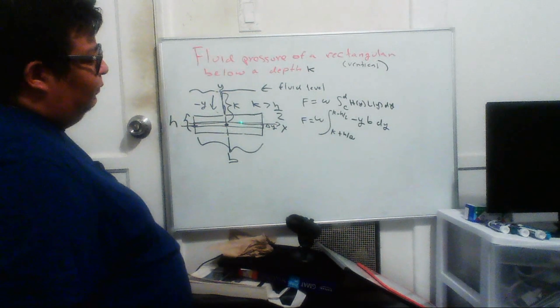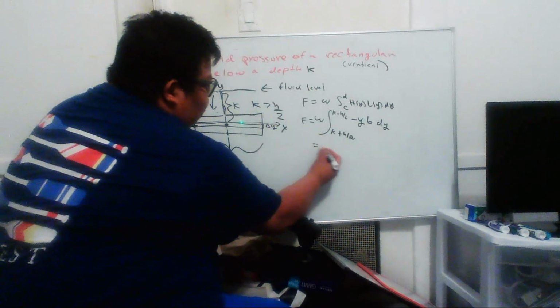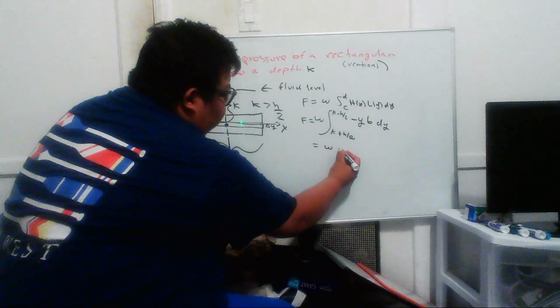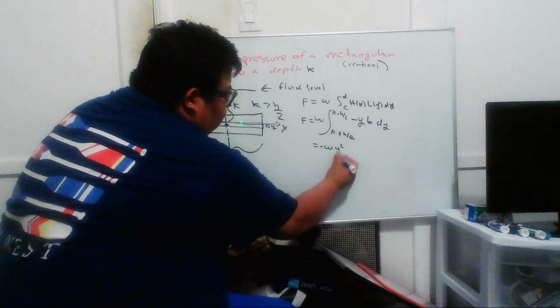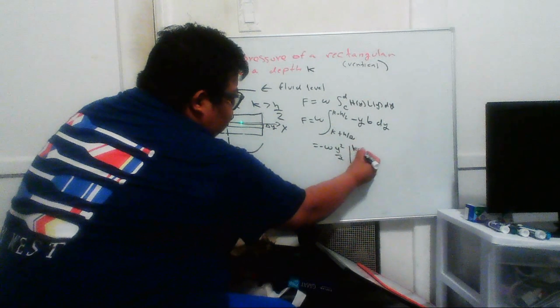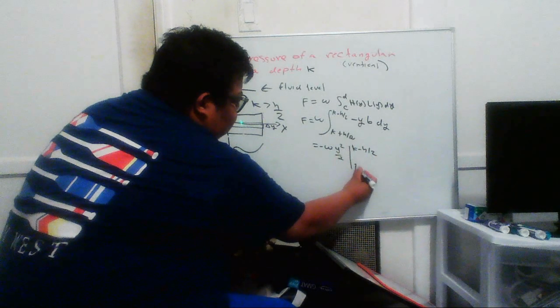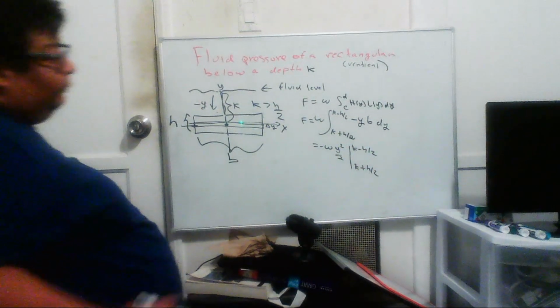Now that you found the limits, we need to solve the integral. So that will be negative omega, y squared over 2 times b, and I didn't write b there, but it will be there.